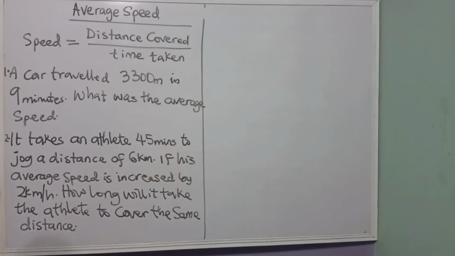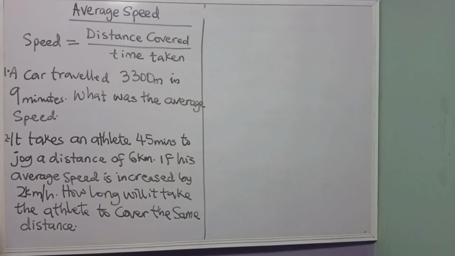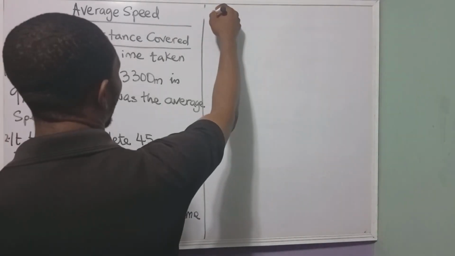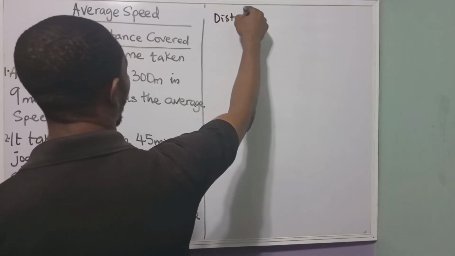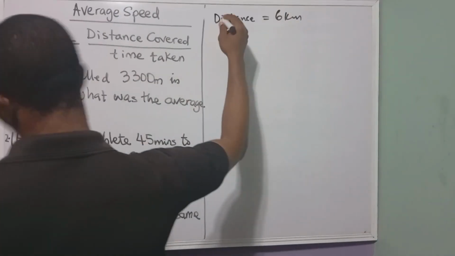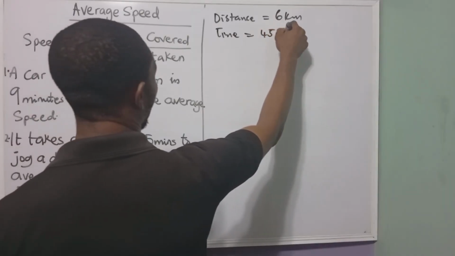For our second question, it says it takes an athlete 45 minutes to jog a distance of 6 kilometers. If his average speed is increased by 2 kilometers per hour, how long will it take the athlete to cover the same distance? Now, to solve this question, we have been given a distance of 6 kilometers and a time of 45 minutes.